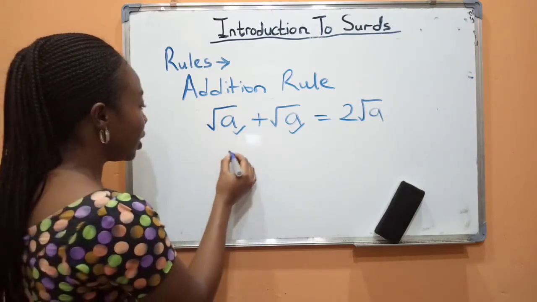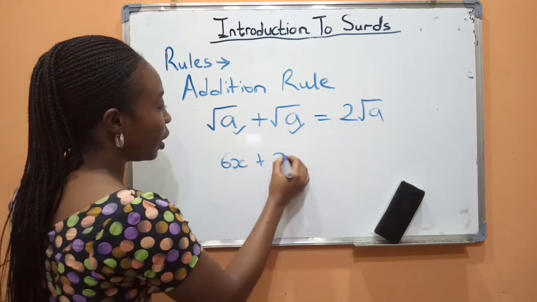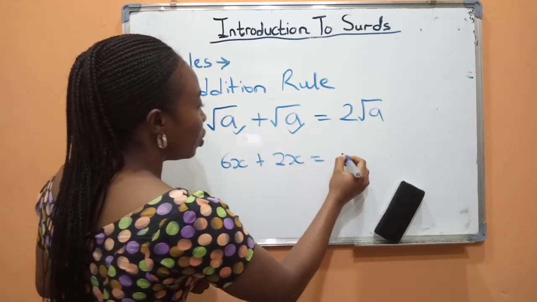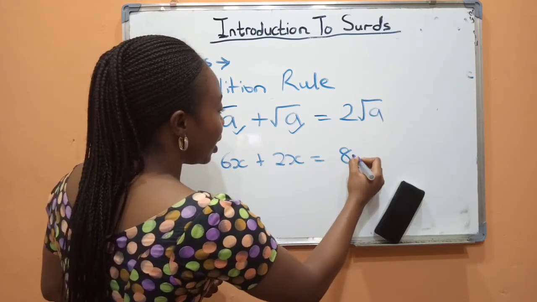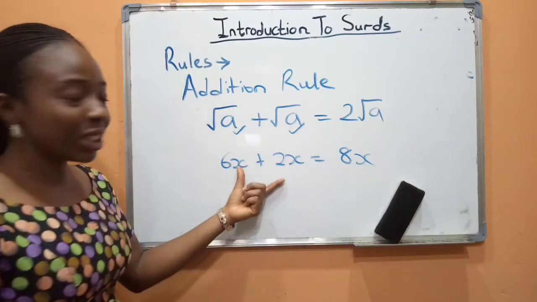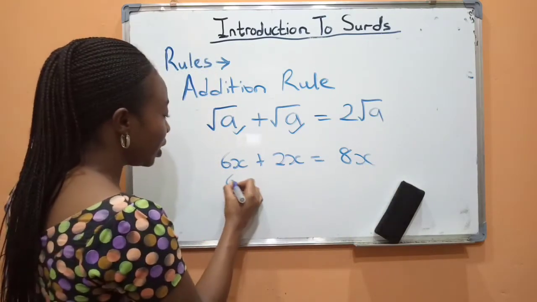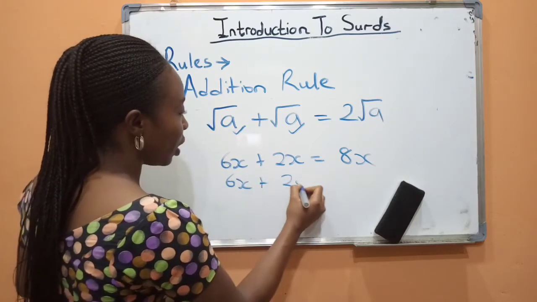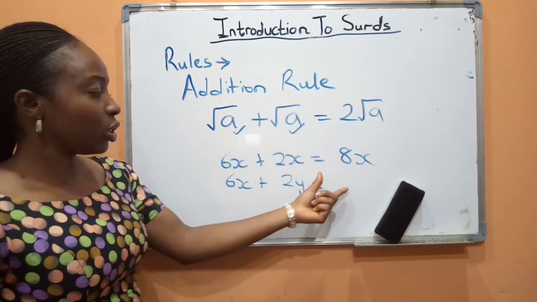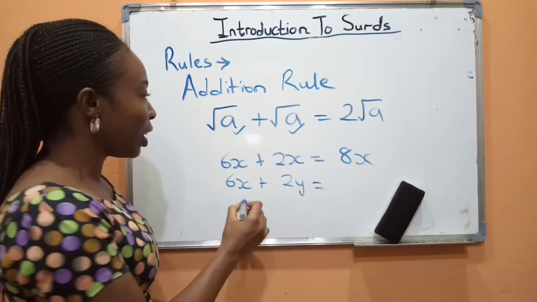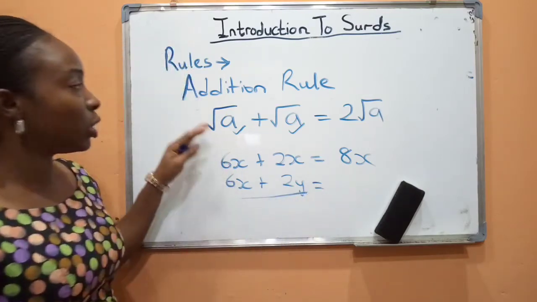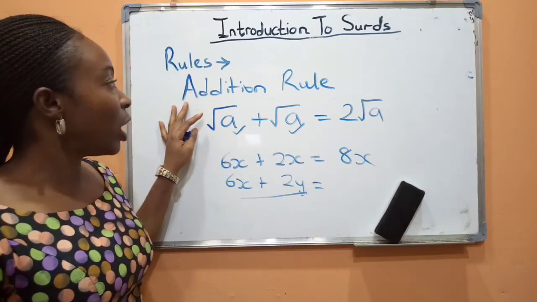You can think of it this way. If you say 6x plus 2x, you get 8x, right? Because these are like terms, so you can sum them up. However, if you say 6x plus 2y, it's not possible to sum them up because they are not like terms. So that's exactly what is happening in this addition rule.